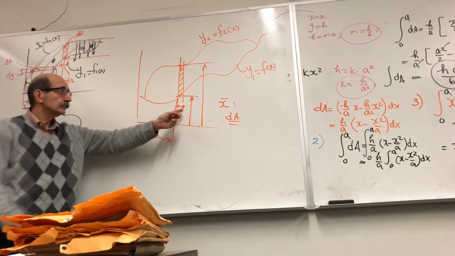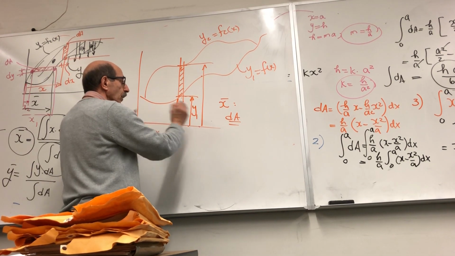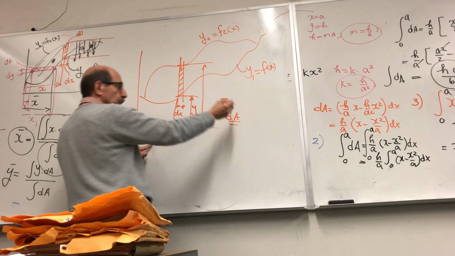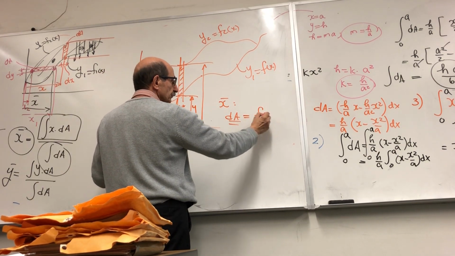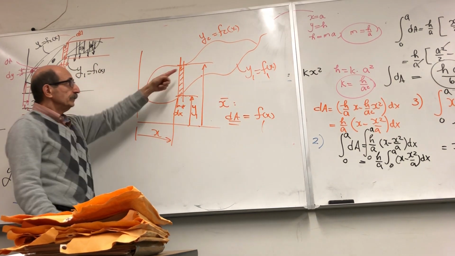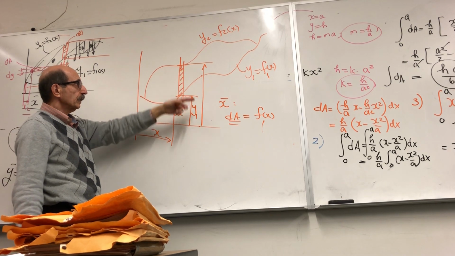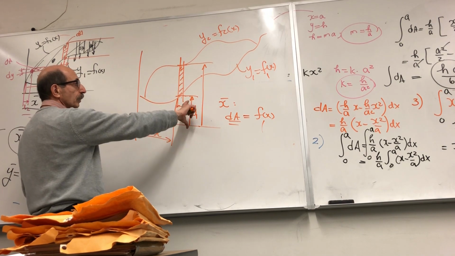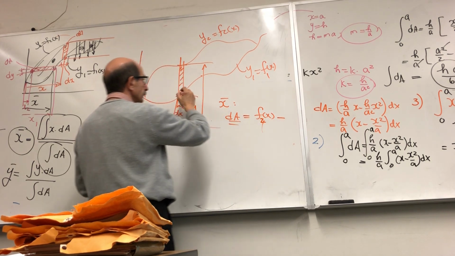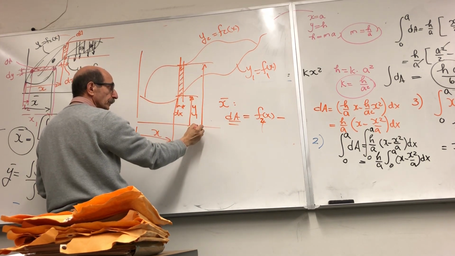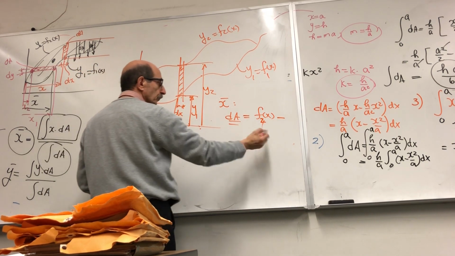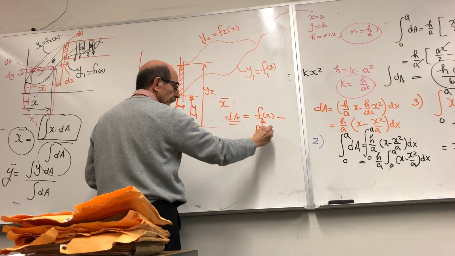So this is y1, for which you substitute x, so basically f1 of x. And this is y2, so it would be f2 of x minus y1, so minus f1 of x.